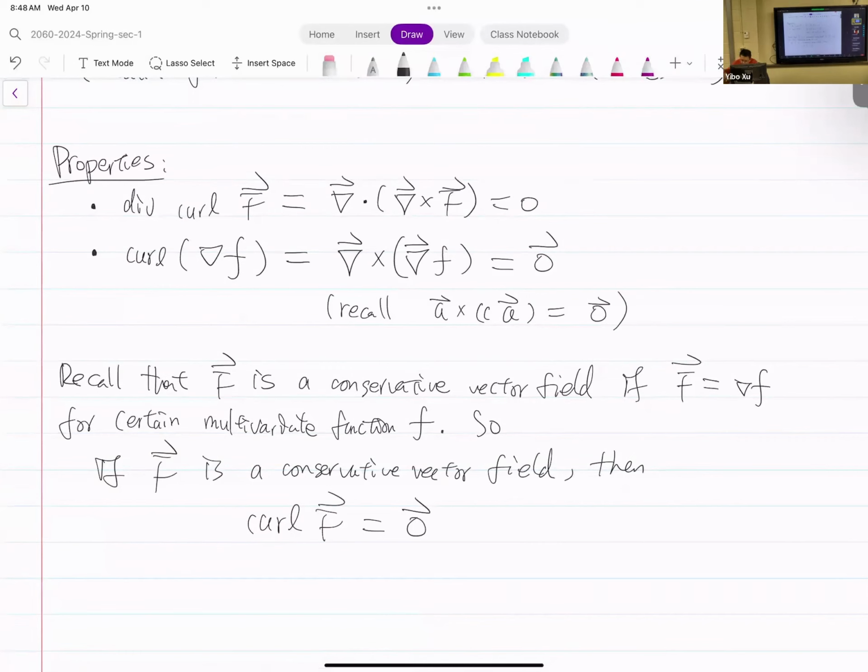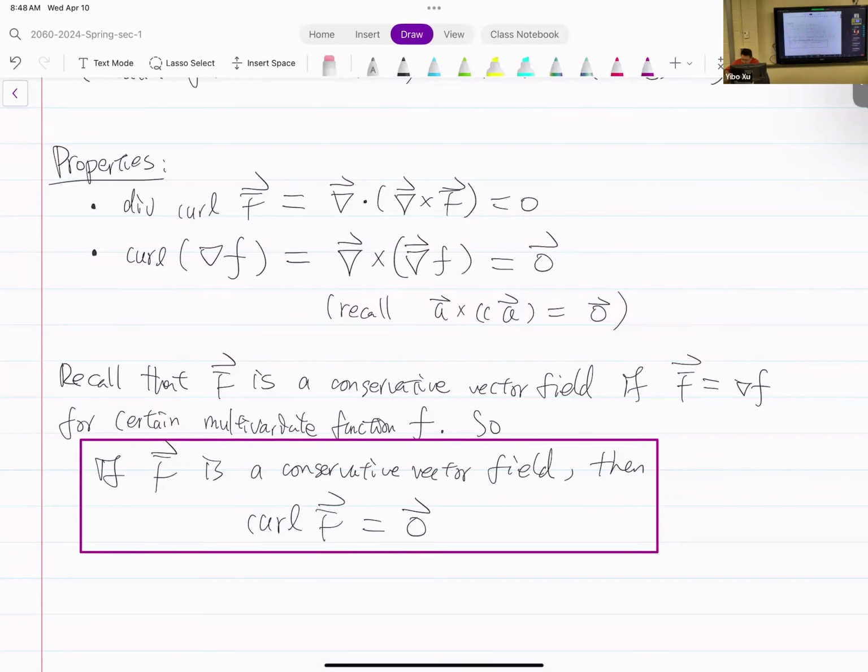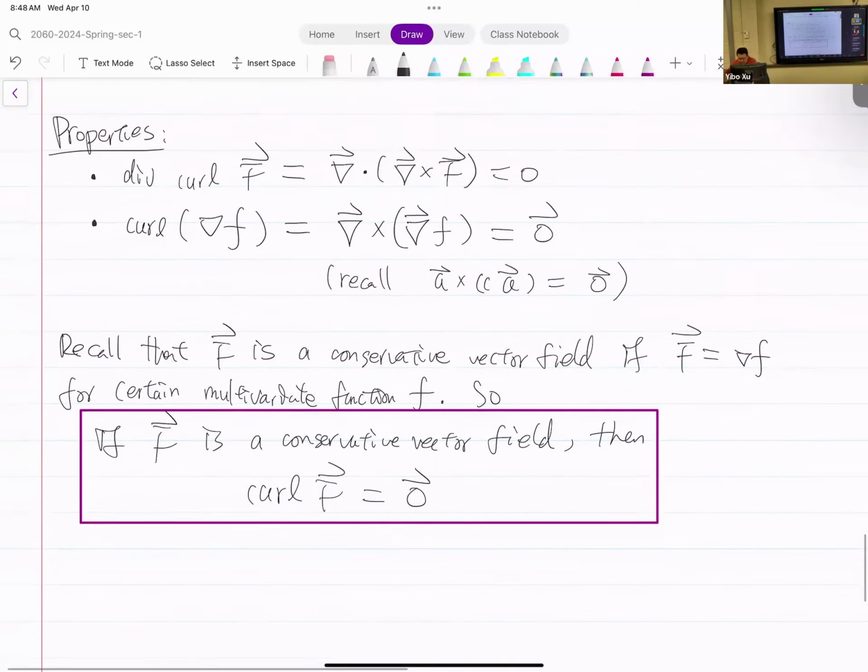Okay, so here basically this gives you a criteria to tell whether your vector field is conservative. Well, although it's not exactly, but basically this tells you, okay, if you start with a conservative vector field, then the curl is always giving you a 0 vector, right?